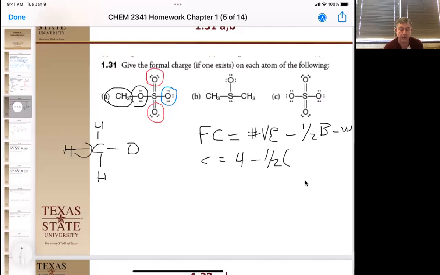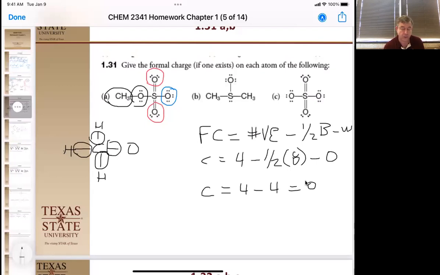And so we have 1, 2, 3, 4, 5, 6, 7, 8, because each of those bonds is 2 electrons, so that's 8. And we have no lone pairs around carbon, so that's a 0. So our formal charge on carbon is 4 minus 1/2 of 8, which is 4, which is equal to 0. So our formal charge on carbon is 0.